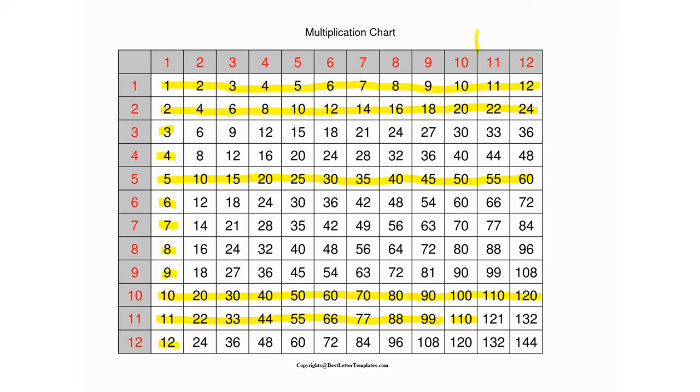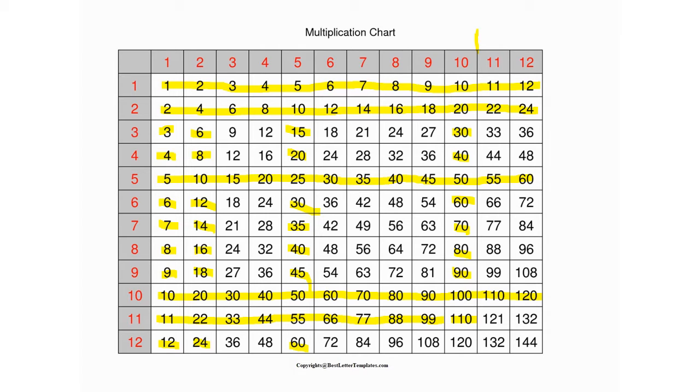The pattern of the 2's is pretty easy: 2, 4, 6, 8, 10, 12, 14, 16, 18, 20. You can count up to 12 pretty easily, so up to 24. The 5's are just the same as the row was: 5, 10, 15, 20, 25, 30, 35, 40, 45, 50, 55, 60. The 10's: 10, 20, 30, 40, 50, 60, 70, 80, 90.